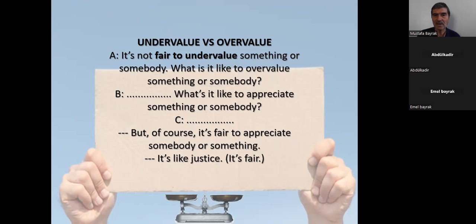Of course, it's fair to appreciate somebody or something. It's like justice. If you appreciate something or somebody, it's fair. If you just know the value of something, it's the justice. Okay, it's fair.